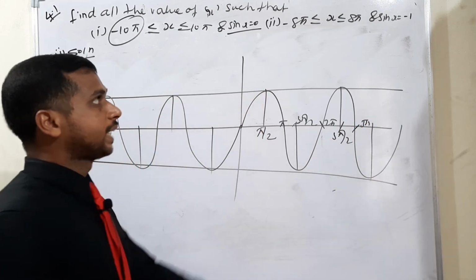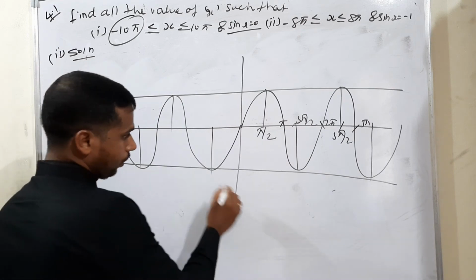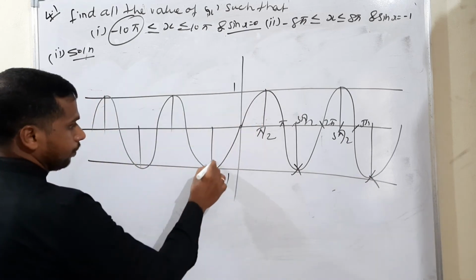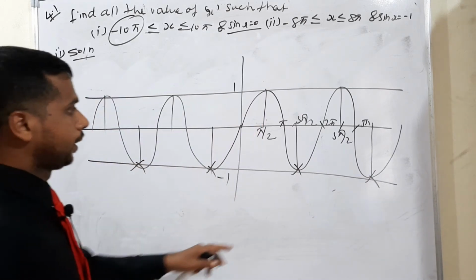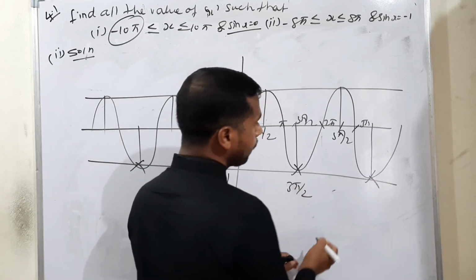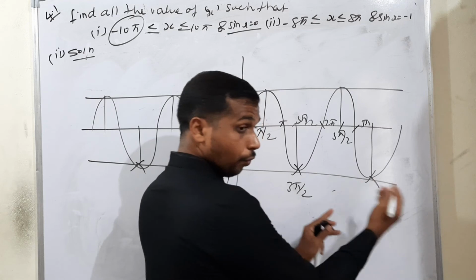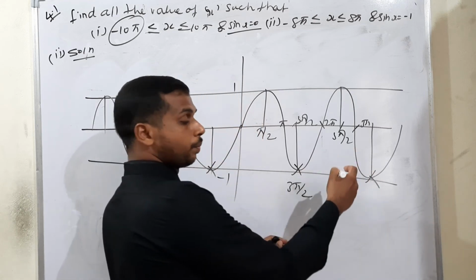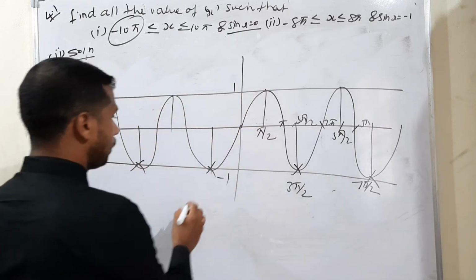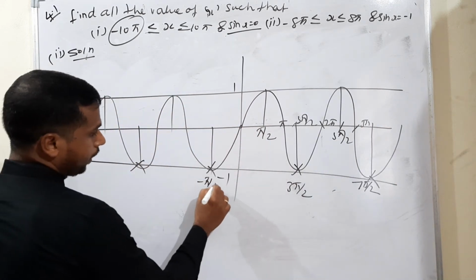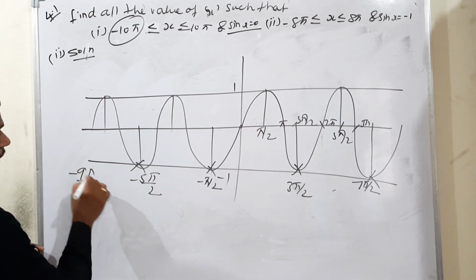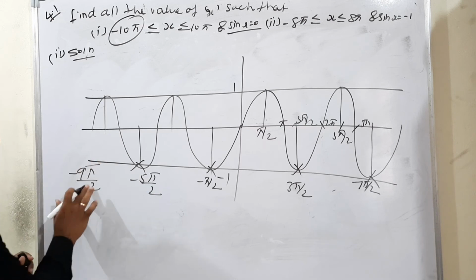But we actually need sin x is equal to minus 1. We have to look at this: positive 1 to negative 1, this one we need here. What are the possible cases? Actually 3 pi by 2, then 3 pi by 2 plus 4 pi means 7 pi by 2, then 11 pi by 2, it's moving on like that. Here also definitely it is minus pi by 2, then we will be meeting in minus 1 at minus 9 pi by 2, isn't it?